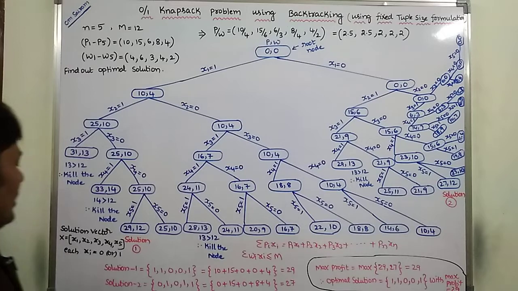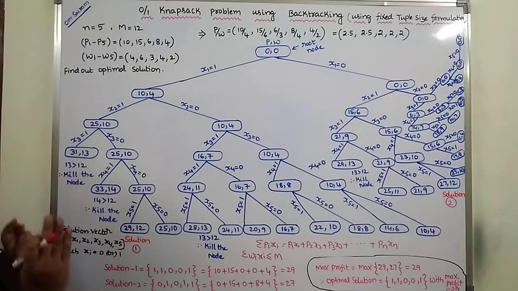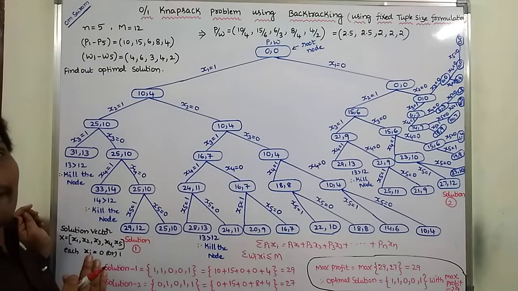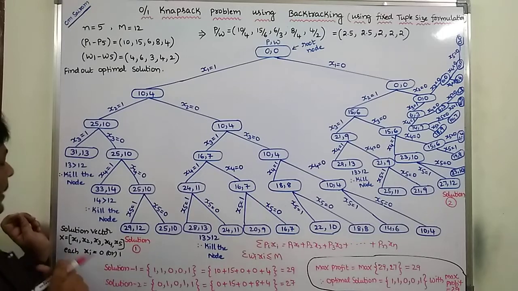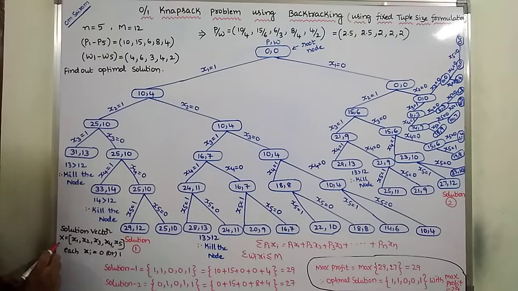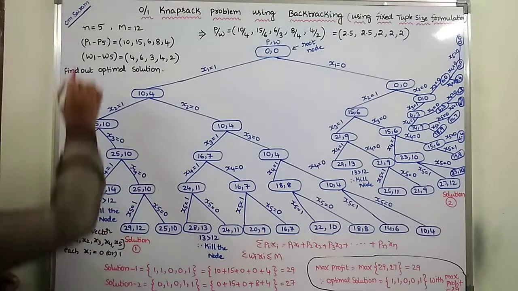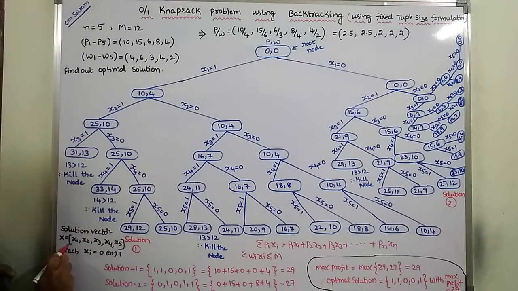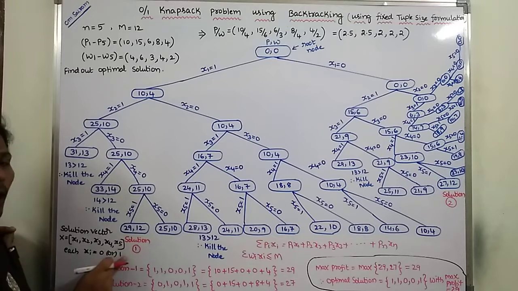Next, the solution vector for the 0/1 knapsack problem can be denoted by X, which is x1, x2, x3, x4, x5 because n is equal to 5. Each xi can take either of two values, 0 or 1.